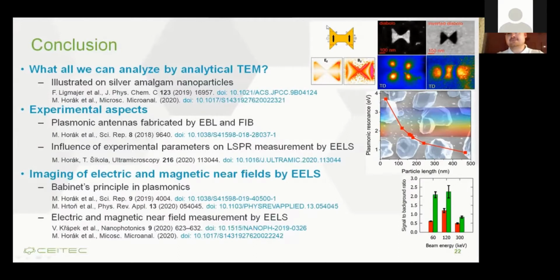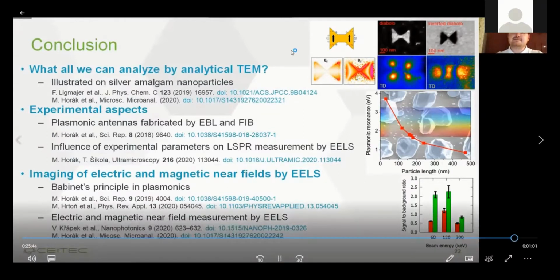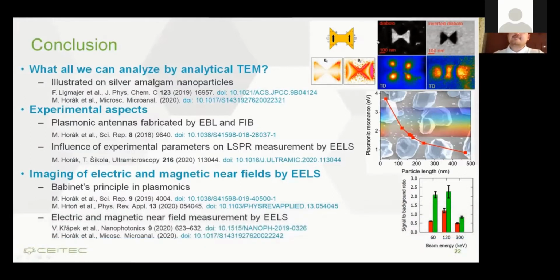So again, we have the diabolo and in this case the transversal dipole mode. Here we have simulated electric out-of-plane field and magnetic out-of-plane field. If we get the EELS map of the direct structure, we have very good correspondence with the EZ simulation. And if we get the EELS map of the inverted structure, the aperture, we have very good correspondence with HZ.